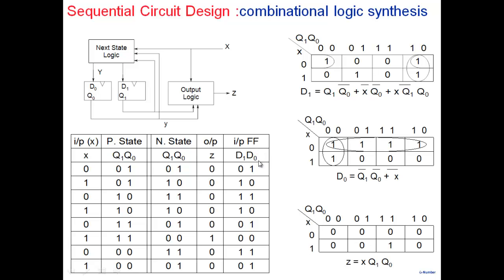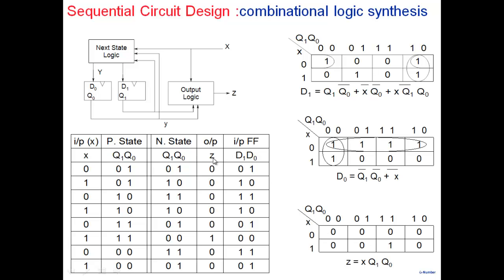Similarly, for D0, which is determined by the present state and the X value, we use this truth table, fill up the K-map, and minimize to get an expression for D0.